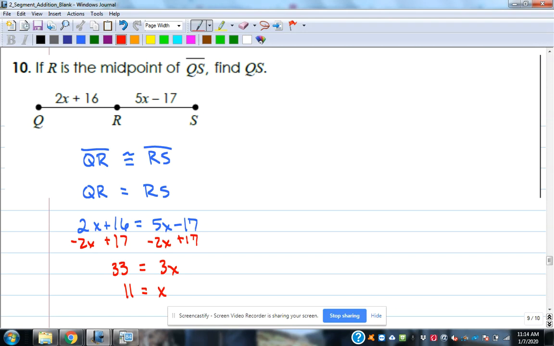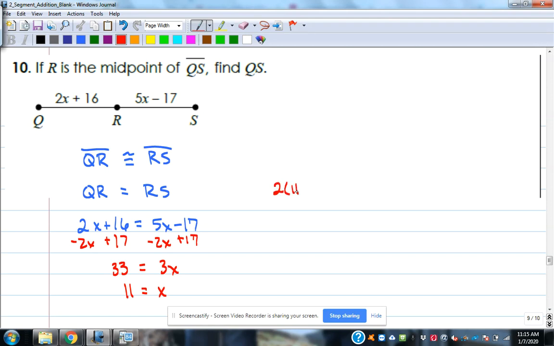Plugging it into both of them might be a better way to check the answer, because if they don't both end up being the same number, then you know something's wrong. But shortcut-wise, I would just plug it into the 2x plus 16 and work that out.